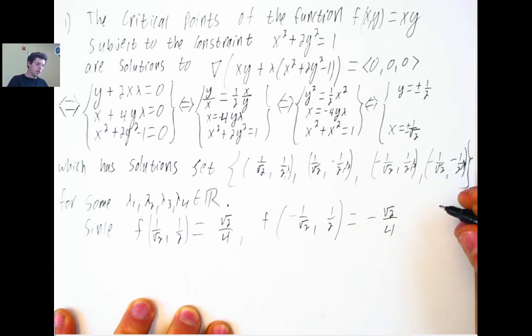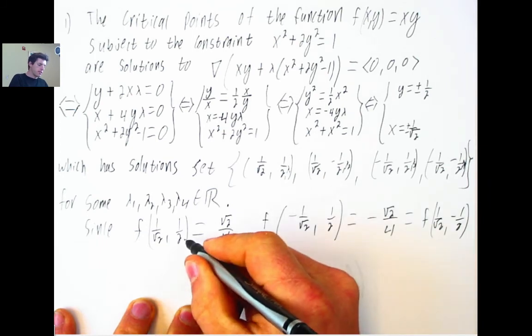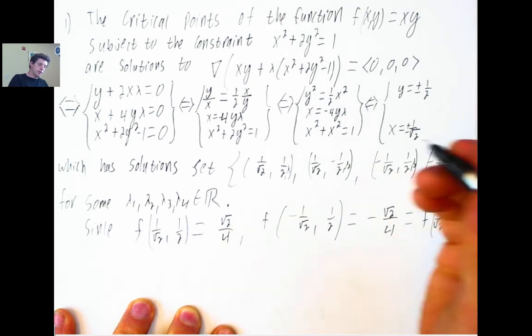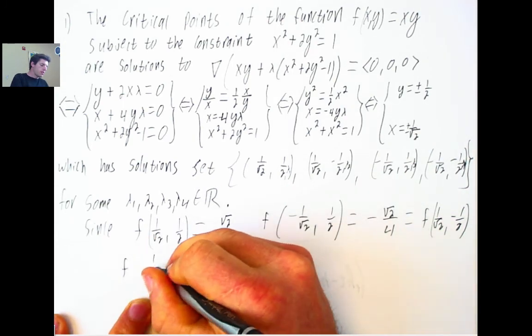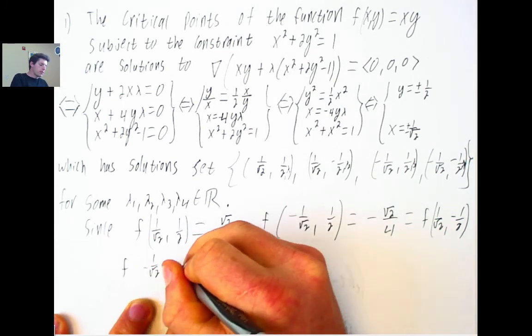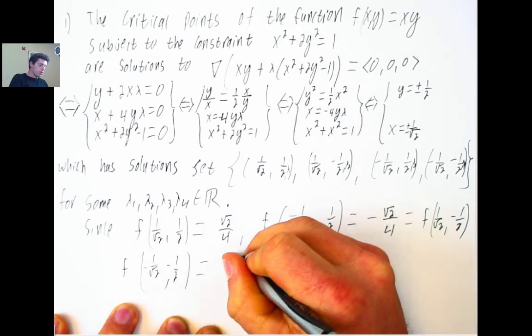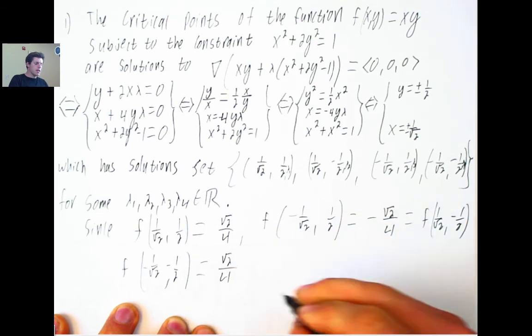And isn't that equal to f of 1 over square root of 2, negative 1/2? And then this is the same as f of negative 1 over square root of 2, negative 1/2, which is square root of 2 over 4. Okay.